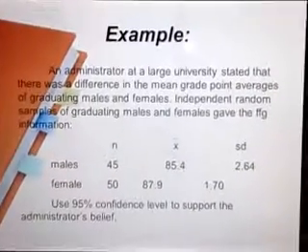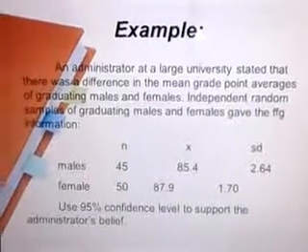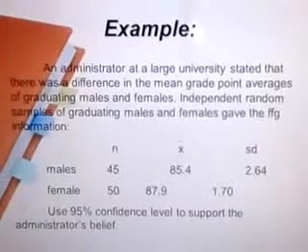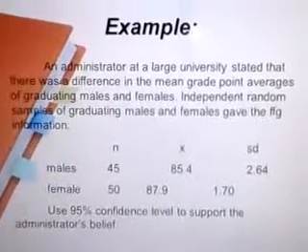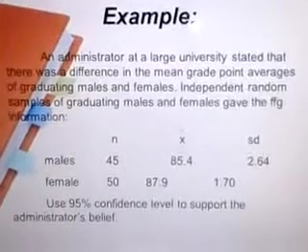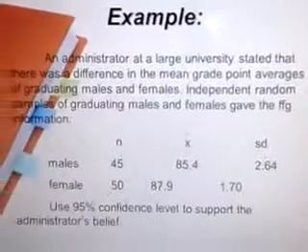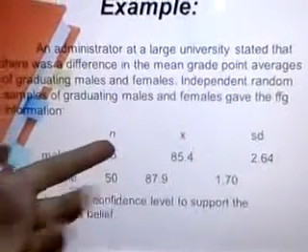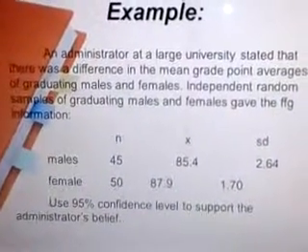So another example. An administrator of a large university stated that there was a difference in the mean grade point average of graduating males and females. Independent random samples of graduating males and females gave the following information. So here is the given, our sample, our mean, and our standard deviation.